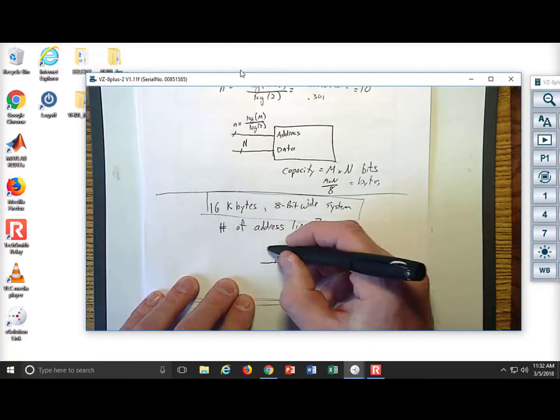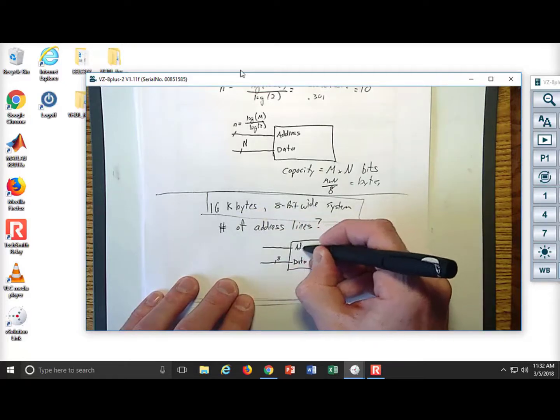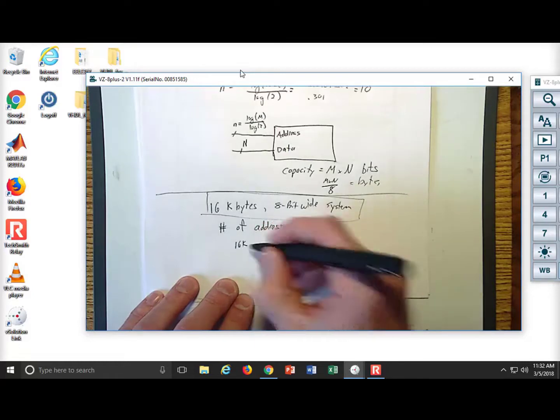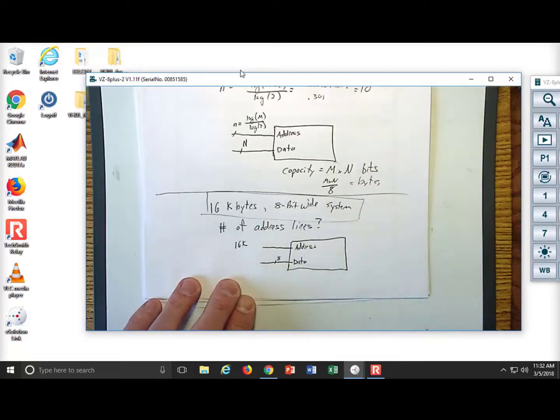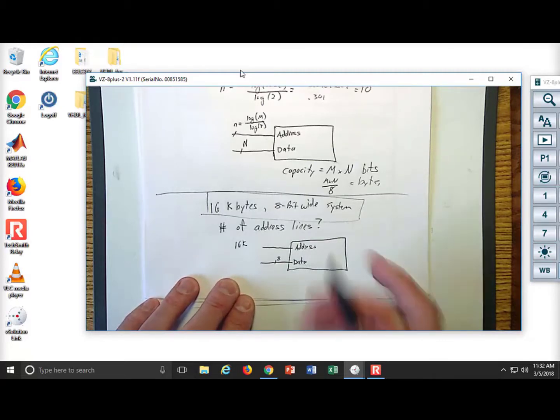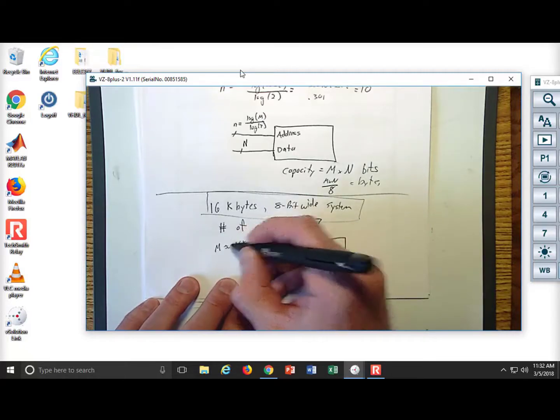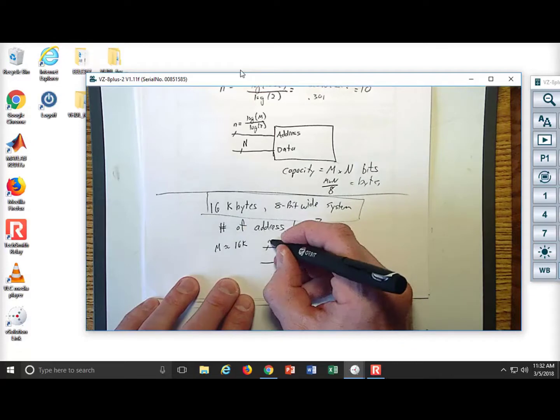So what that means now is that my address needs to have 16K unique locations. Does that make sense? Each location will hold 8 bits or a byte. So the question then becomes, if this is kind of what m is, we need to find out what little n is.